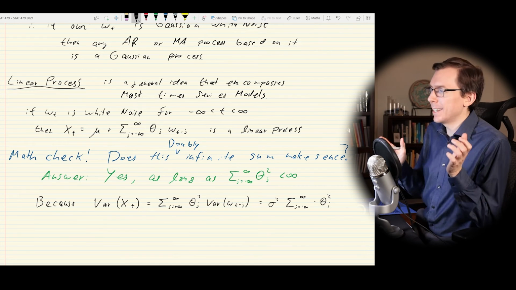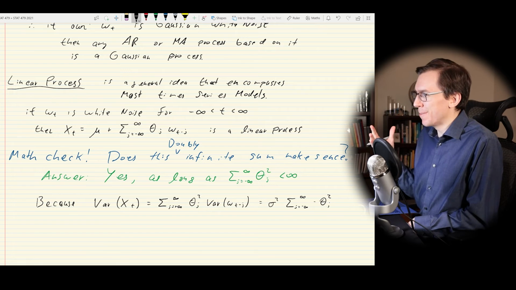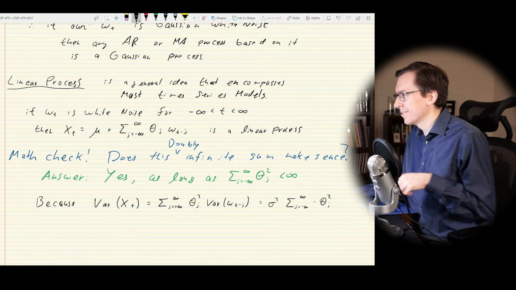So we want the theta squareds to be square summable if we want to make sure that this actually makes sense.